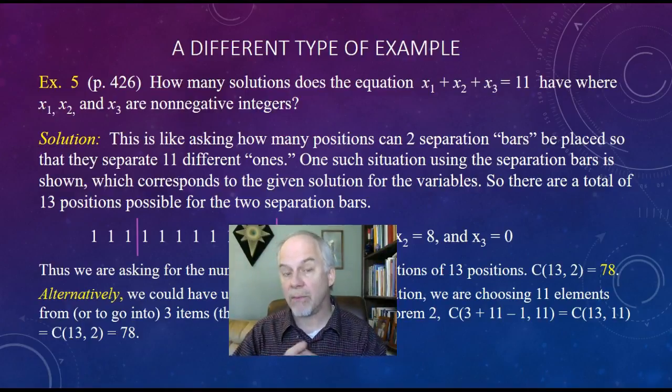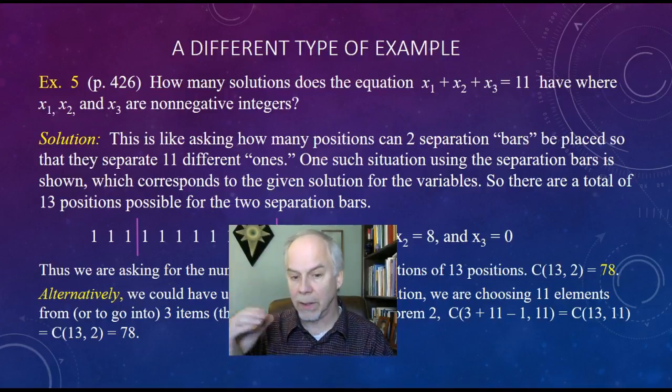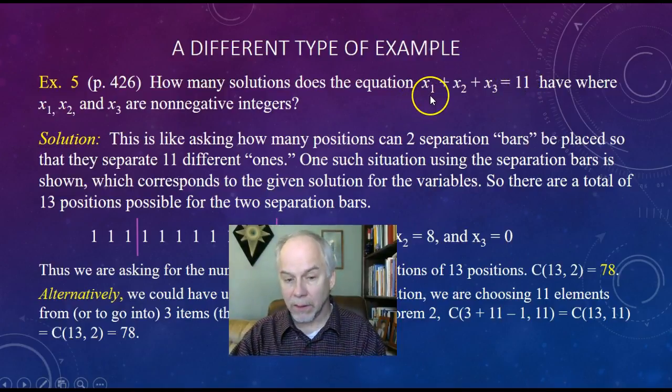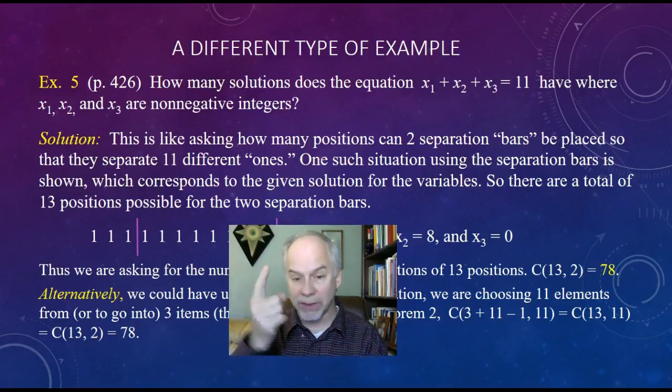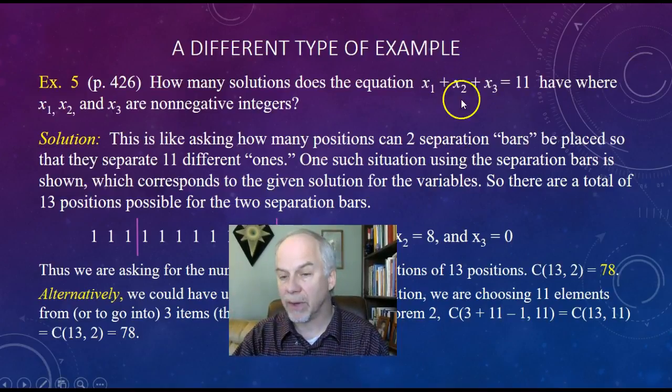Now, if you're adding non-negative numbers and the sum of them is 11, then 11 is the highest that any of them can be, right? If one of them is 11, the other ones have to be 0, because you can't have any negatives, and it has to add up to 11. So 11 is the highest possible.